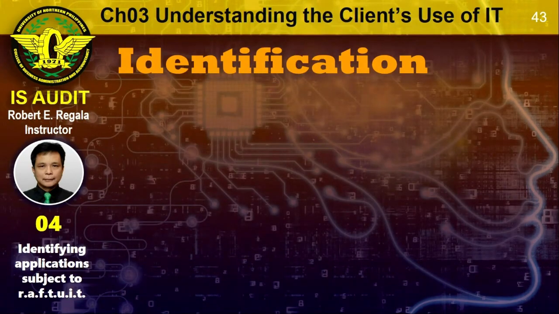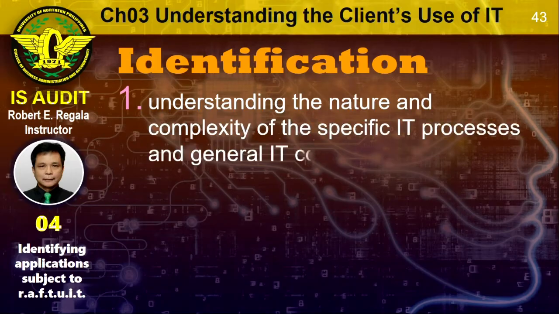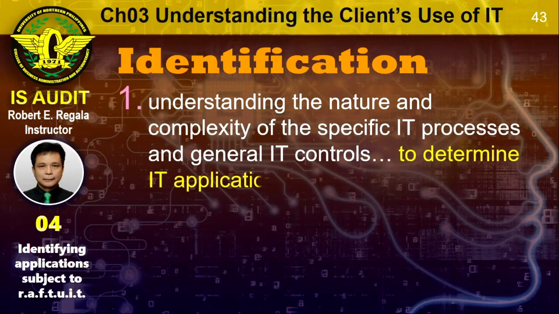What does identification of the specific IT applications that are subject to risk involve? Number 1, understanding the nature and complexity of the specific IT processes and general IT controls.